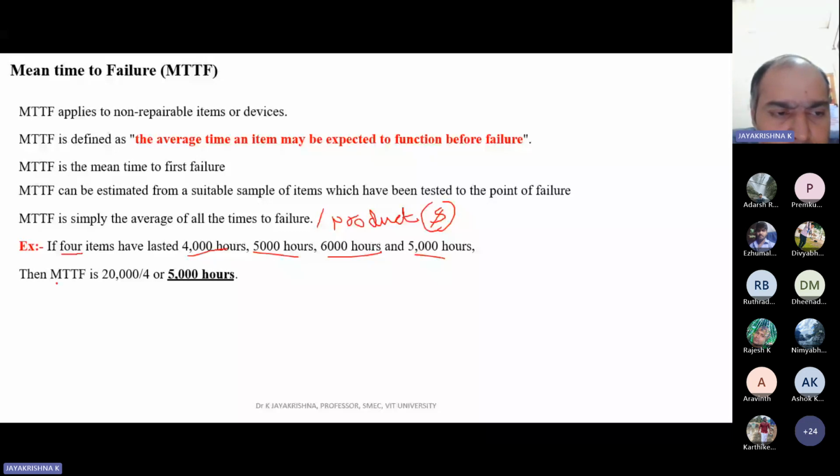So that is the mean time to failure. Okay. So mean time to failure is only for which items? Non-repairable, sir. Okay, and this MTTF is the average of all times of failure of the products which is used.